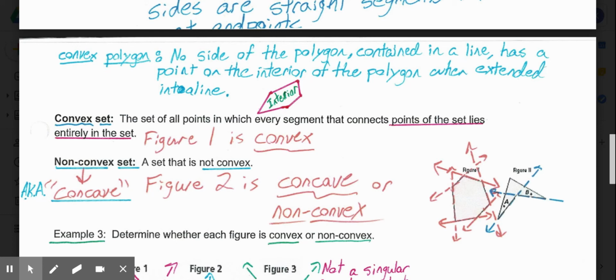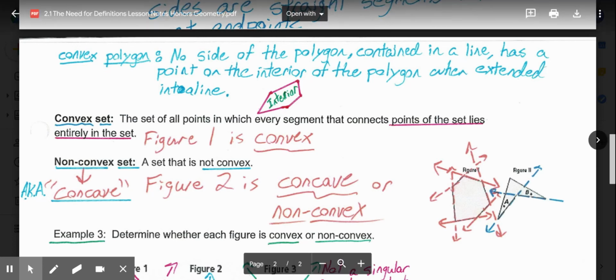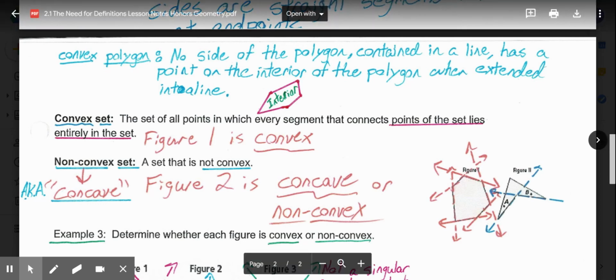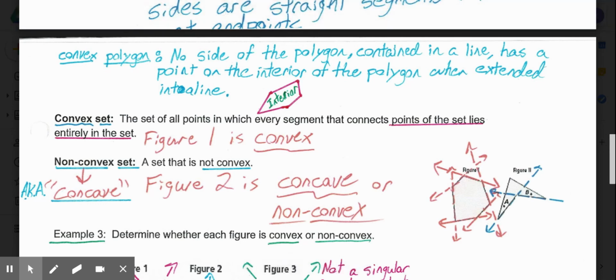So in other words, I like to explain it using the definition of a convex polygon. A convex polygon is a polygon in which no side of the polygon, which we know is contained in a line, has a point on the interior of the polygon when it's extended into a line.